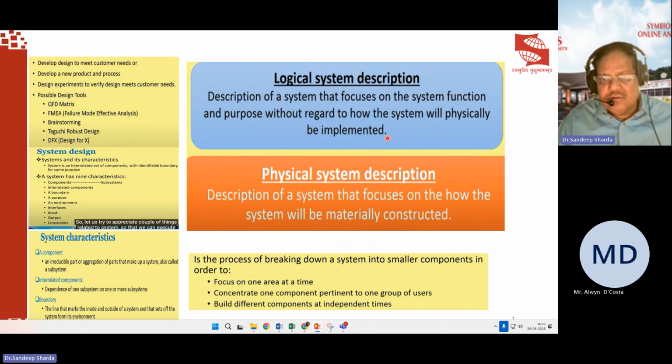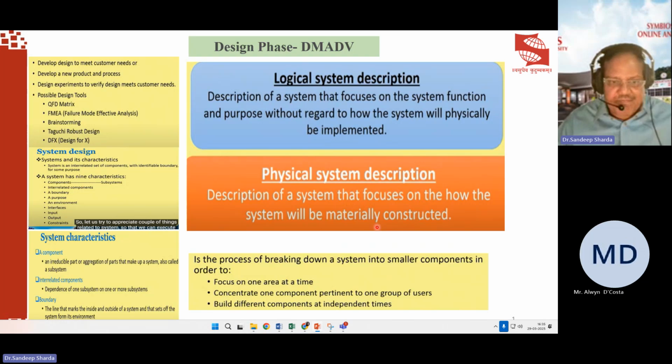That's why the automobile works completely as a single system. So there will be a physical system description and a logical system description. The logical system also provides indications to another system where the inputs are going to be used for its outputs. That is how the description focuses on how the system will be constructed.